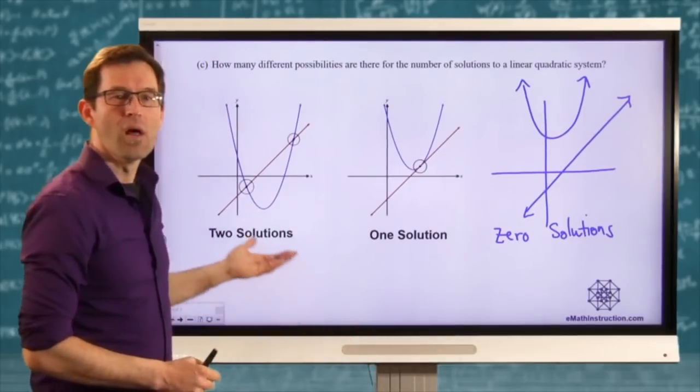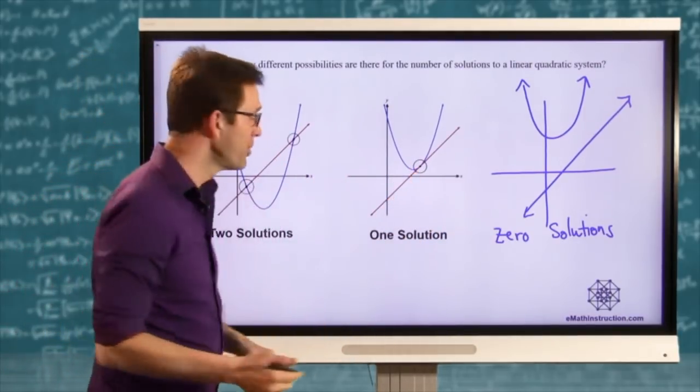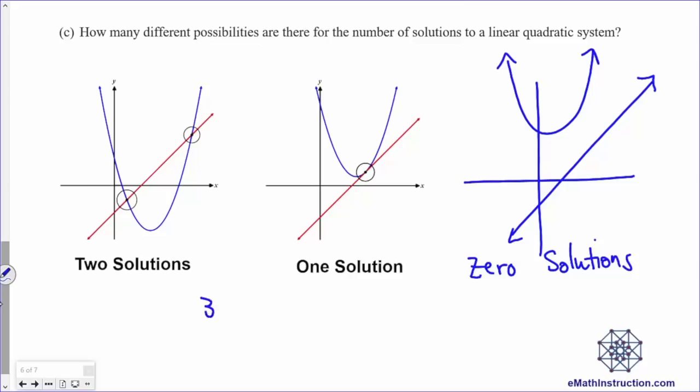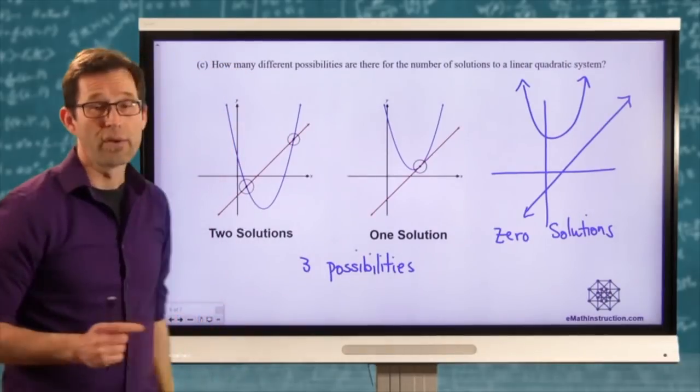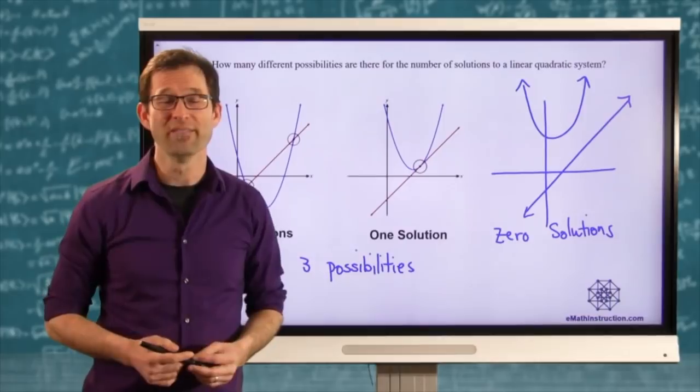But that's it. A line can intersect a parabola twice, once, or not at all. So there are 3 different possibilities. And I hope that you realized that when you were drawing out pictures. I now need to spend some time and try to find my missing picture somewhere. I don't know where it went.